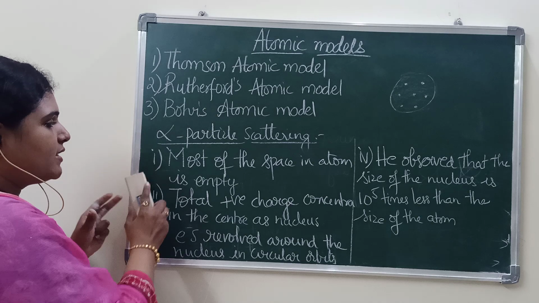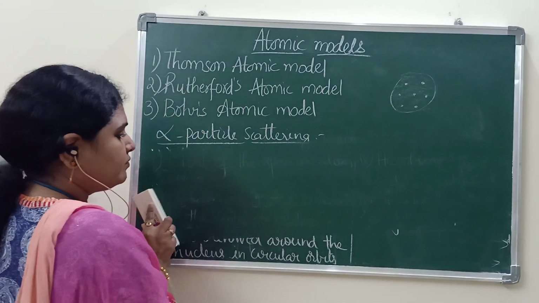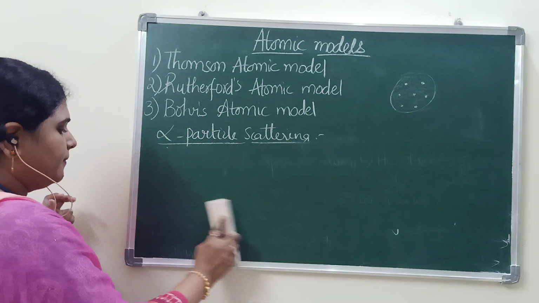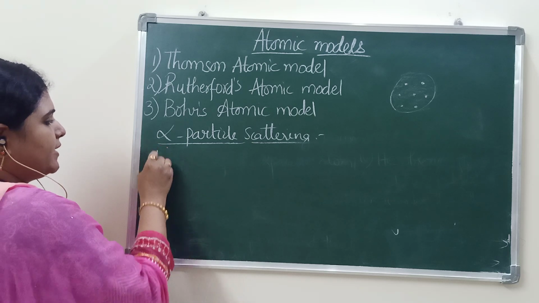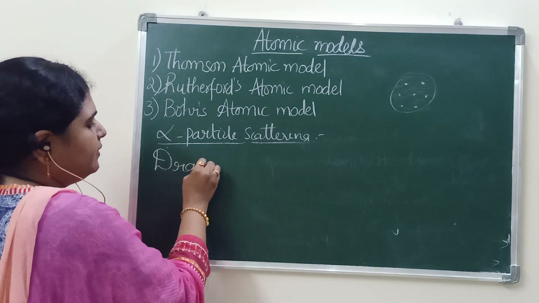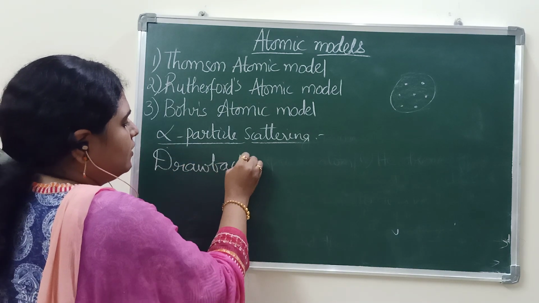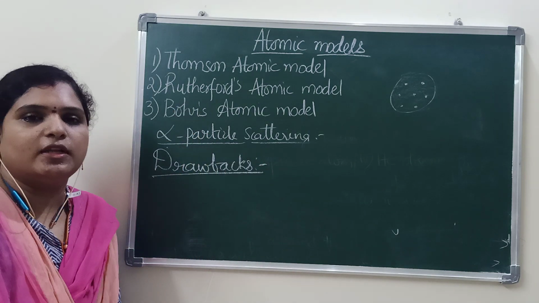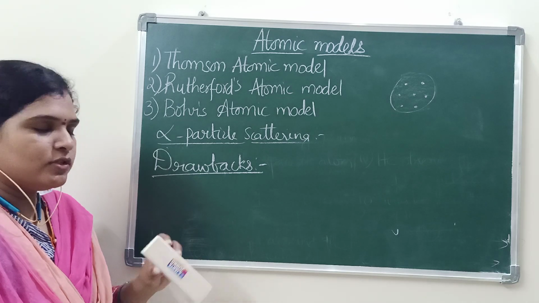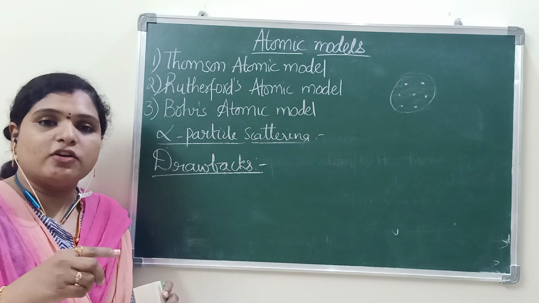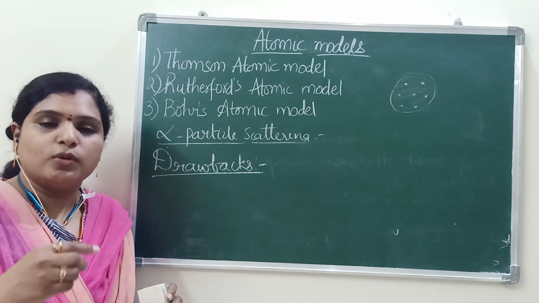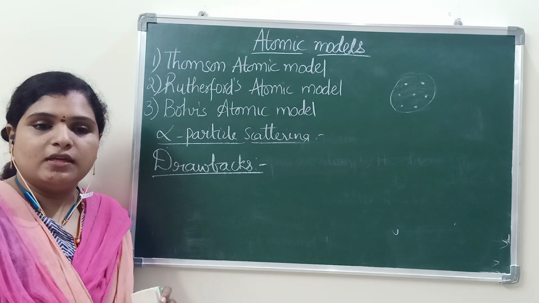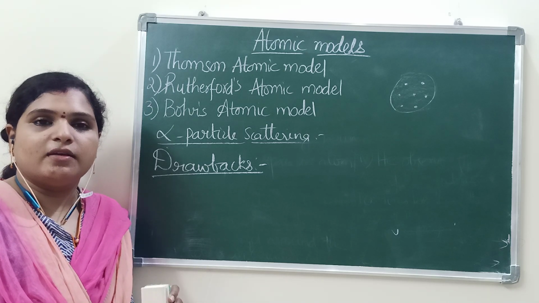Coming to the drawbacks, or demerits. What are the drawbacks of Rutherford's atomic model? He proposed that the electrons will revolve around the nucleus in circular orbits. That itself is a drawback.